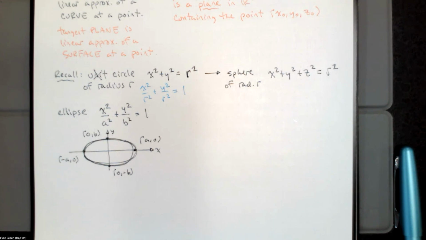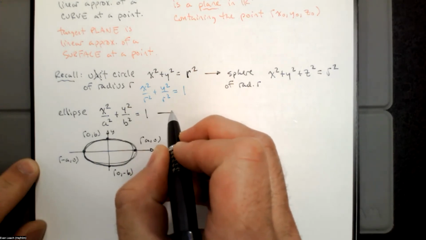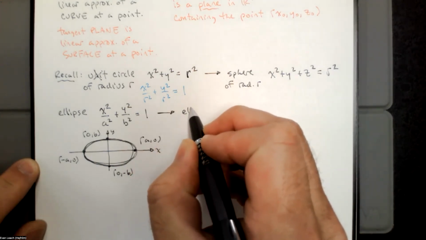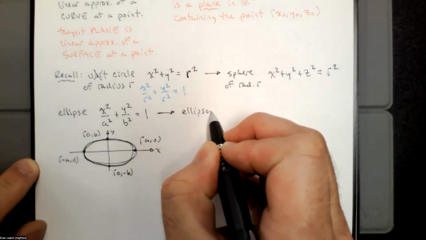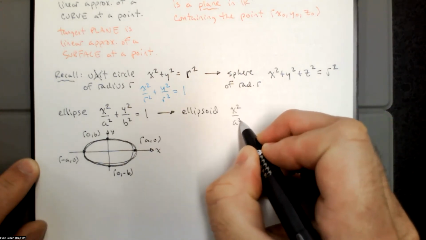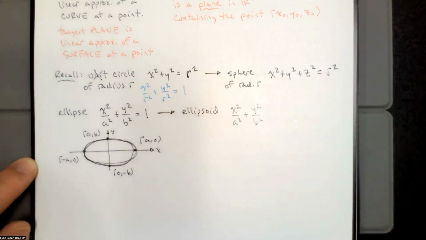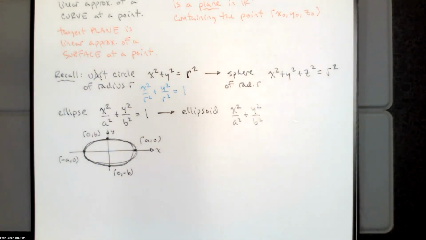So there should be a 3-dimensional version of this. And we're going to build it the same way that we built our equation for a sphere. This is how math is so predictable.